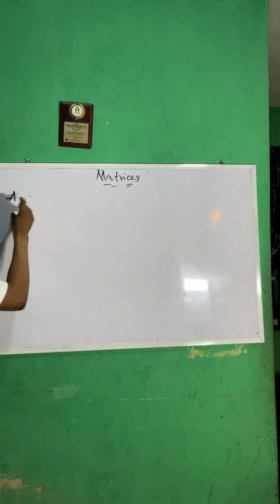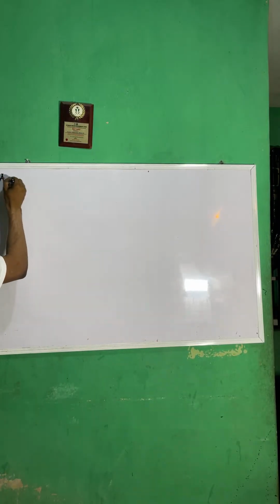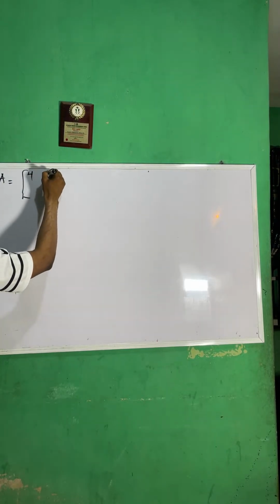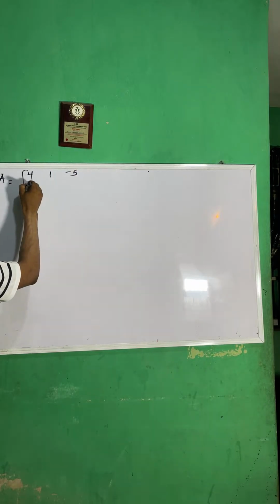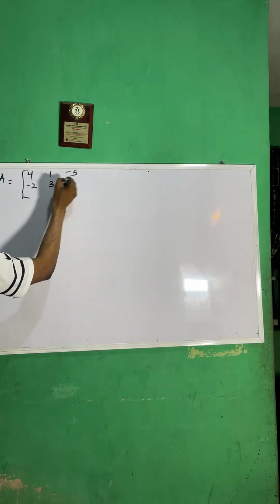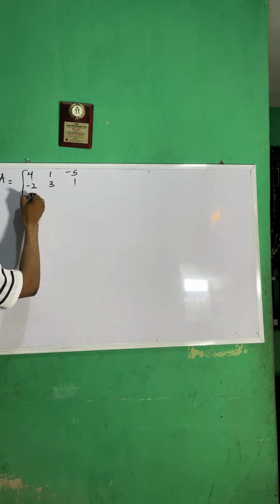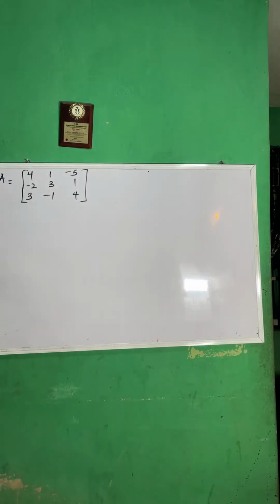Let's say matrix A is given as 4, 1, minus 5; minus 2, 3, 1; and 3, minus 1, 4. We have this as a 3 by 3 matrix.